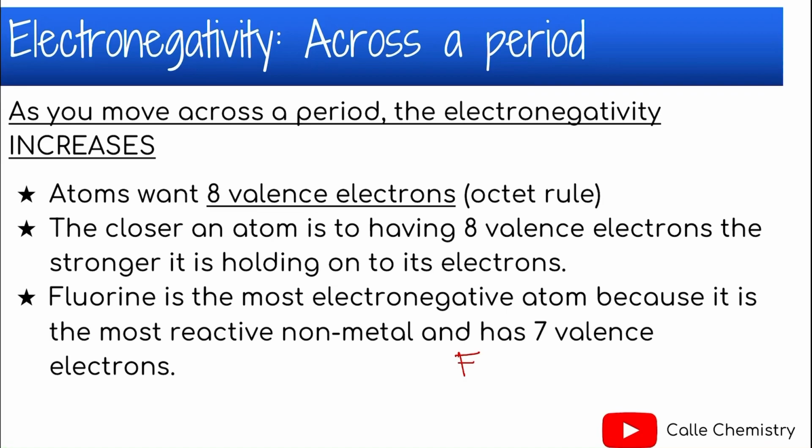So fluorine has 7 valence electrons. Now, fluorine is very close to having 8 valence electrons. It's actually only one step away from having 8 valence electrons. So it wants 8 valence electrons. It's very close, so it's holding on to its 7 valence electrons very strongly.